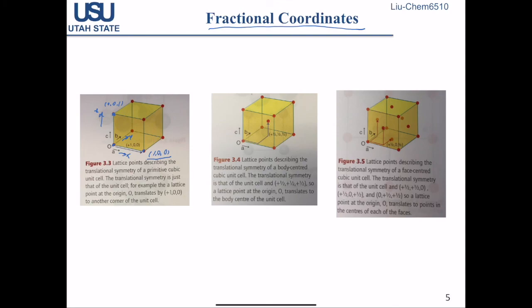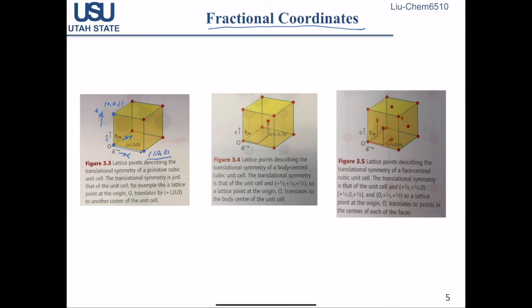Then, since we said the next point follows translation to repeat, right? So from this origin point, if we translate along the a direction by the unit cell length a, we can get this point, right? Then if we go in the z direction, move by the length of c, we can move to this point. Okay, that's translation.